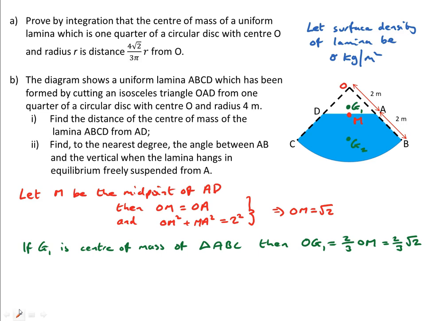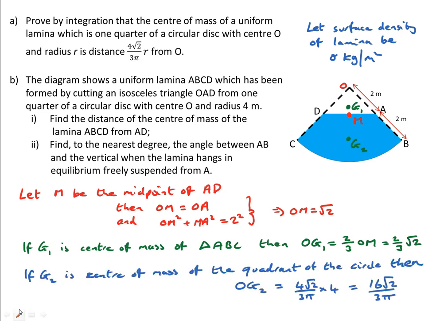And if we let G2 be the centre of mass of the quadrant of the circle, so that's the whole shape going O to A to B to C to D back to O, then from the first part of the question we know that OG2 is 4 root 2 over 3 pi times 4, which is the radius, so that is 16 root 2 over 3 pi.